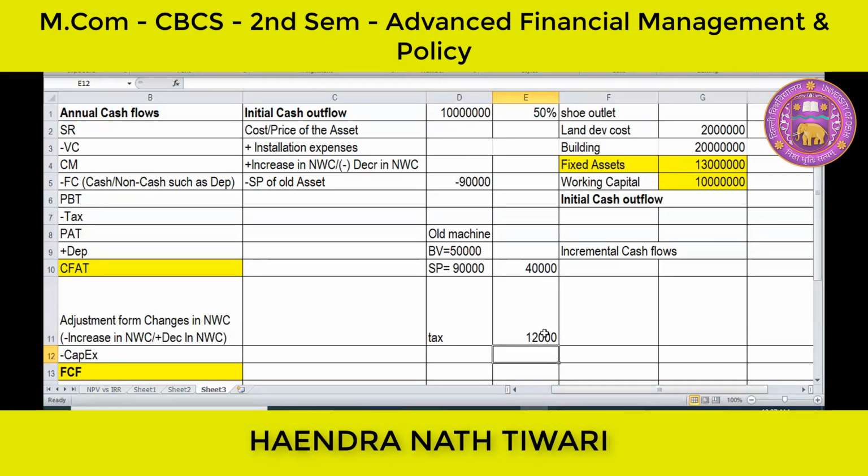So though you will have an inflow of rupees 90,000, you will have an outflow of rupees 12,000 also. And you are calculating outflow. So add tax on capital gain.